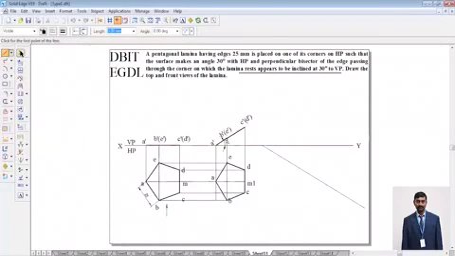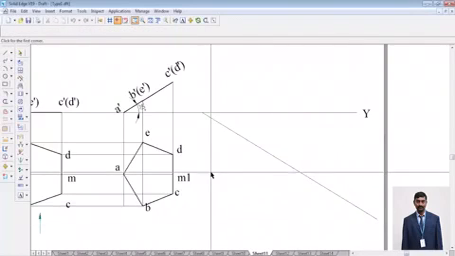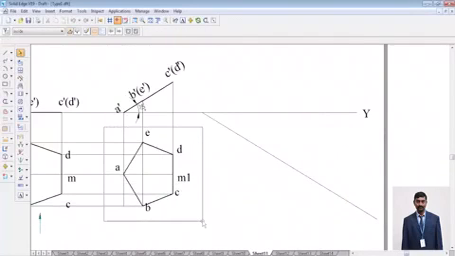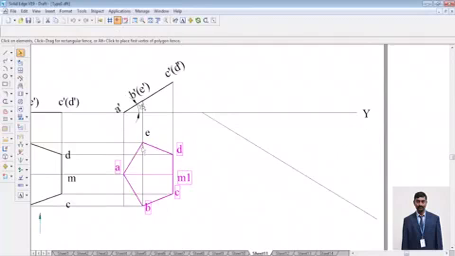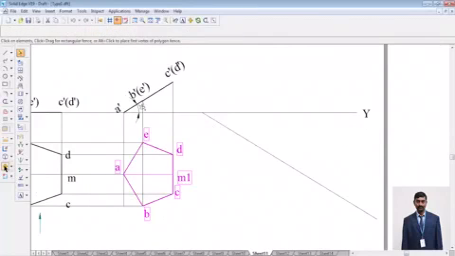Next I'm going to select the second position pentagon. I'm going to select the second position pentagon using the move command. I'm going to move from point, corner A and M1.